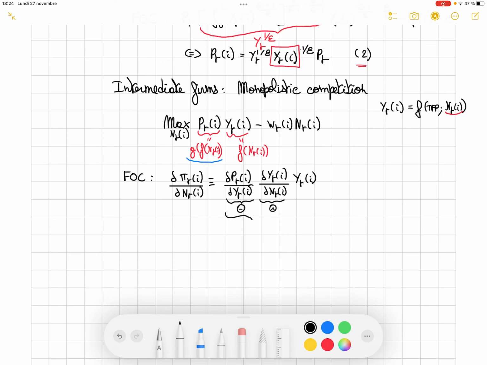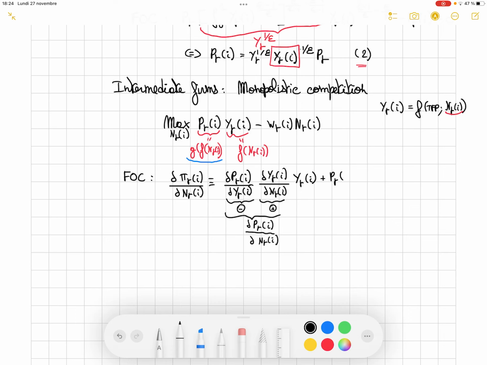Okay, and then there is the positive part. So basically, this was just the derivative of the price with respect to labor, and of course then we multiplied it by the level of epsilon t from the classic derivative formula, and now we have to add, because this is a product, plus P_ti multiplied by the derivative of the production.